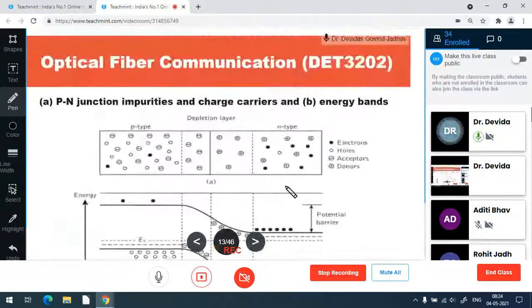The same is shown here: the PN junction, impurities and charge carriers. These filled circles are electrons, empty circles are holes. These are the acceptors, negative, and positive are the donors. In P-type, acceptors and holes are in majority, in N-type, donors and electrons are in majority, but in N, holes are also there in minority, and in P-type, electrons are also there in minority.